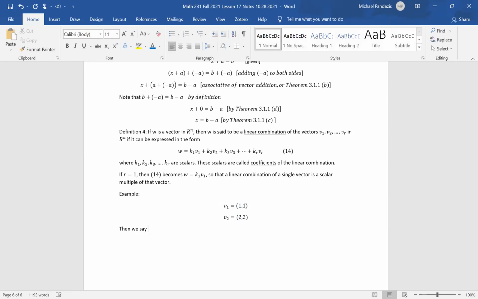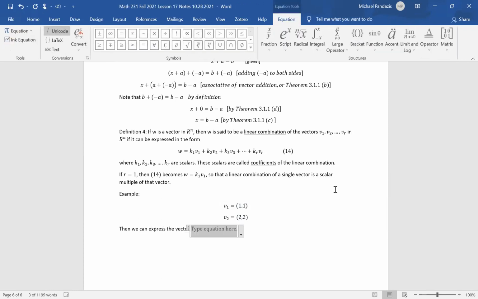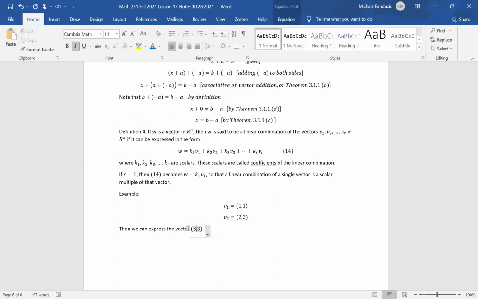Then we can express the vector W equals 3, 3 as a linear combination of v1 and v2 in the following way.